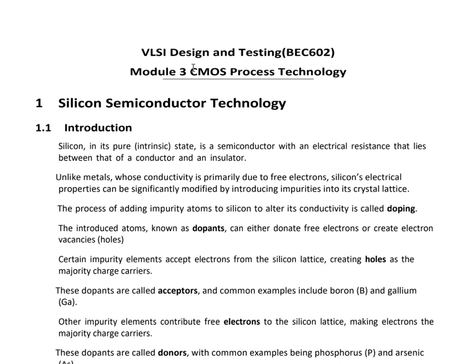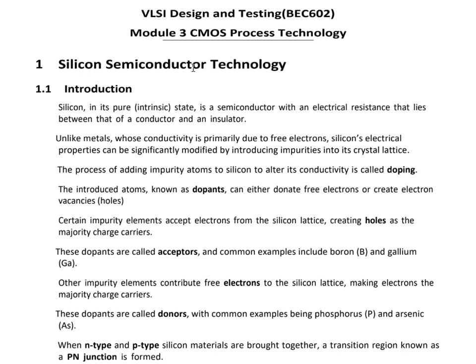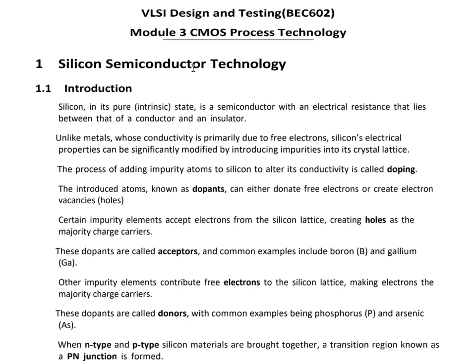The first one is silicon semiconductor technology. Silicon is the purest intrinsic semiconductor with an electrical resistance that lies between that of a conductor and an insulator. Unlike metals, whose conductivity is primarily due to free electrons, silicon's electrical property can be significantly modified by introducing impurities into the crystal lattice.